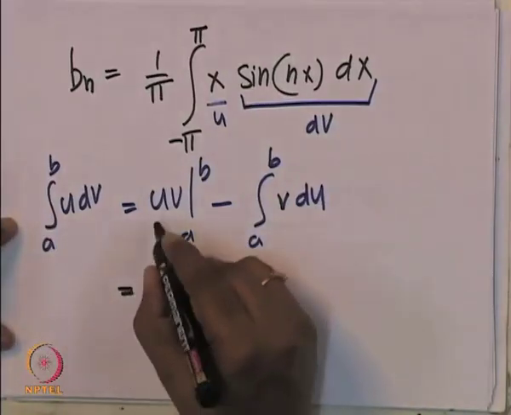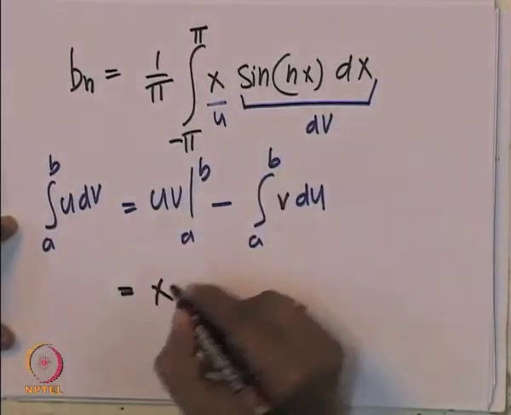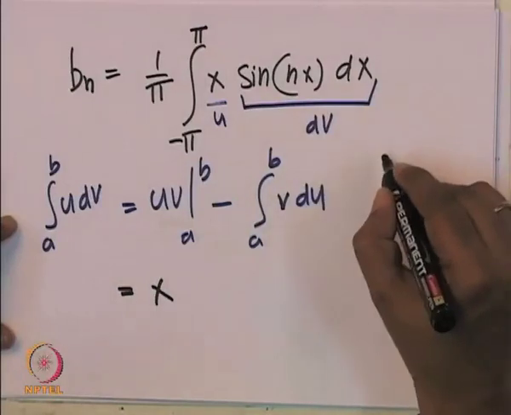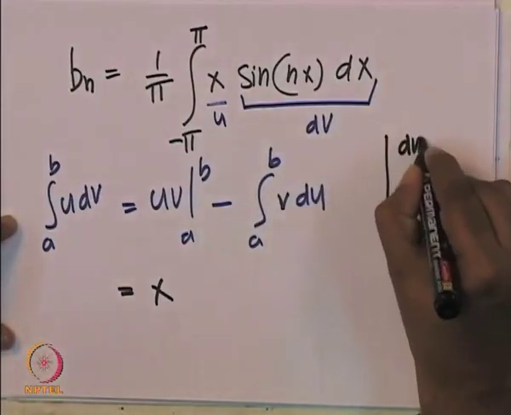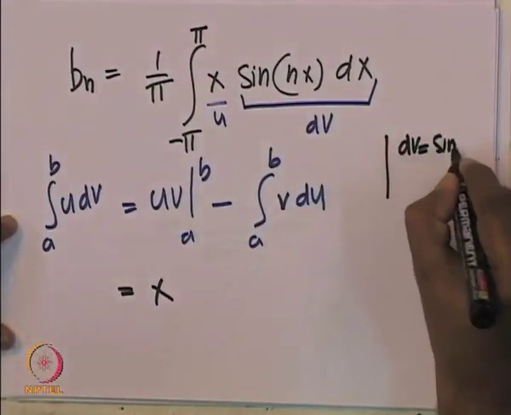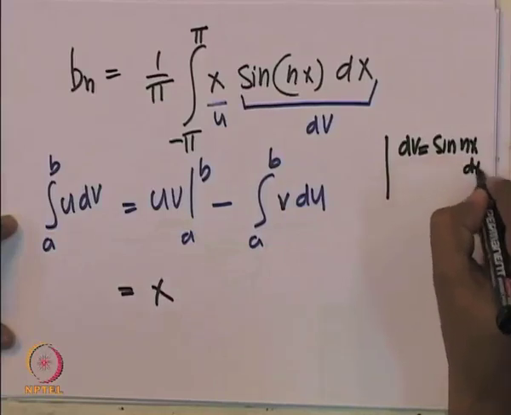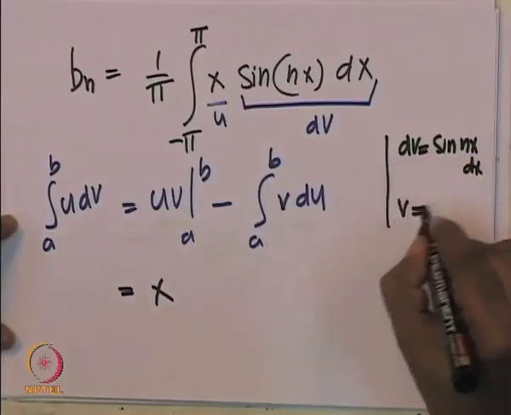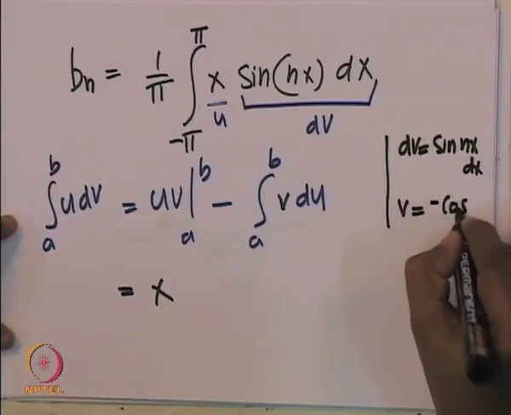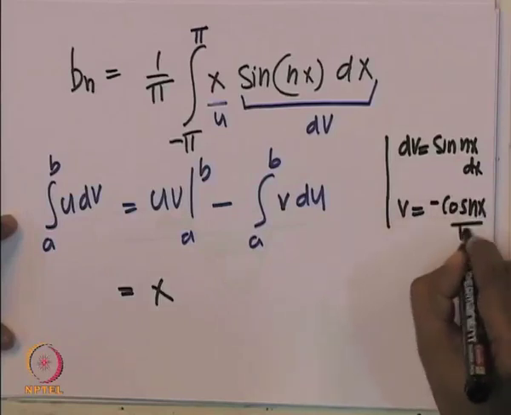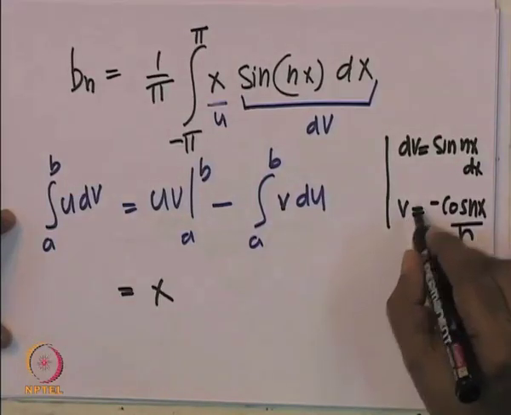the answer is u into v, u is x. If dv is sin n x dx, v has to be minus cos n x by n, because the derivative of this is this.